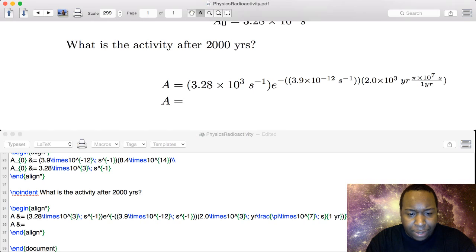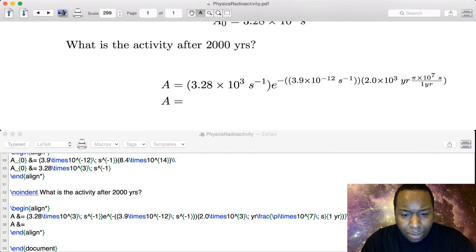So far, let's see, got 3.92 times 10 cubed. Interesting, actually.